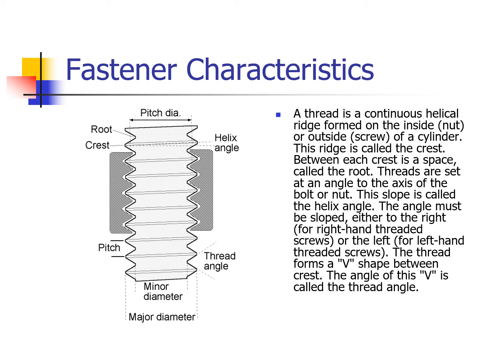Threads are set at an angle to the axis of the bolt or nut. This slope is called the helix angle. The angle must be sloped either to the right for right-hand threaded screws or the left for left-hand threaded screws. The thread forms a V shape between the crests. The angle of this V is called the thread angle.